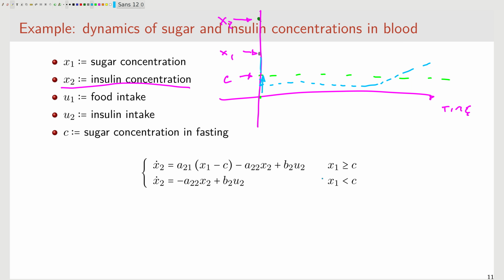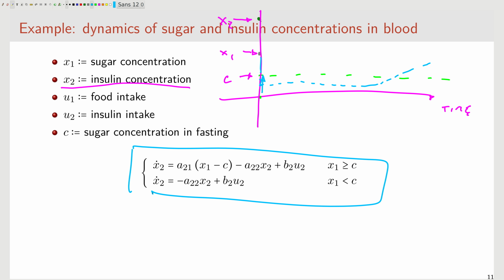But the important thing is that we have a state space representation, in the sense that we are connecting the first derivative of the state with the other states and the inputs.